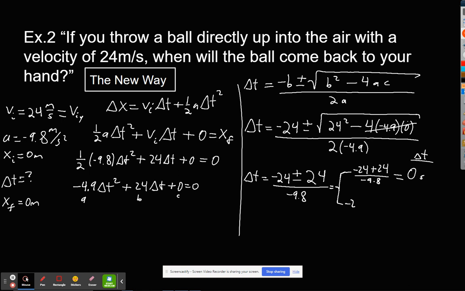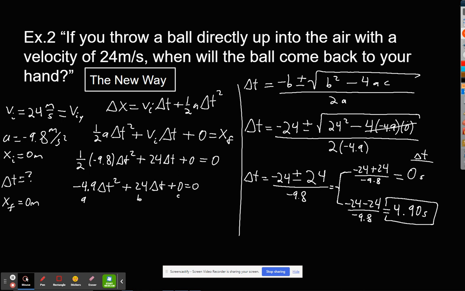And then negative 24 minus 24 divided by negative 9.8. That's a job for my calculator. So that's a total of positive 4.9 seconds.